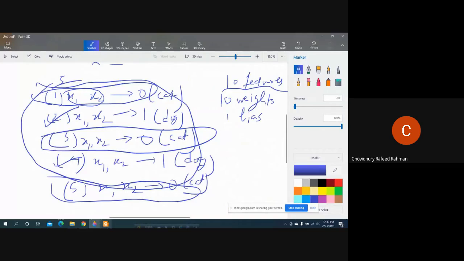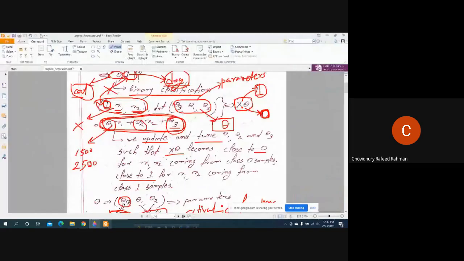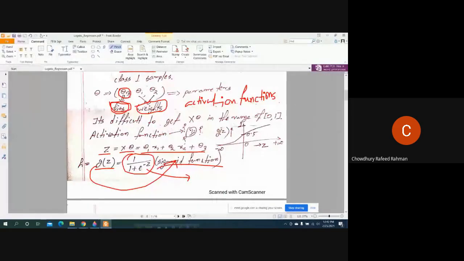And is the sigmoid activation function clear to you? Activation functions are actually rescuers. What is a rescuer? When you fall in danger, someone rescues you.